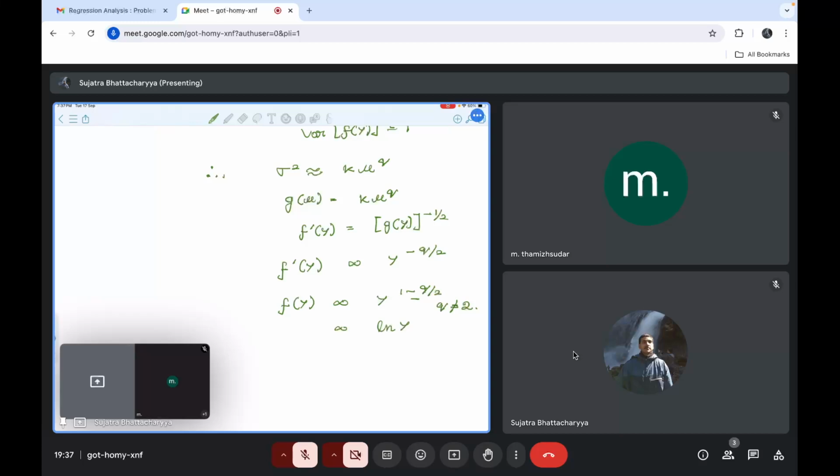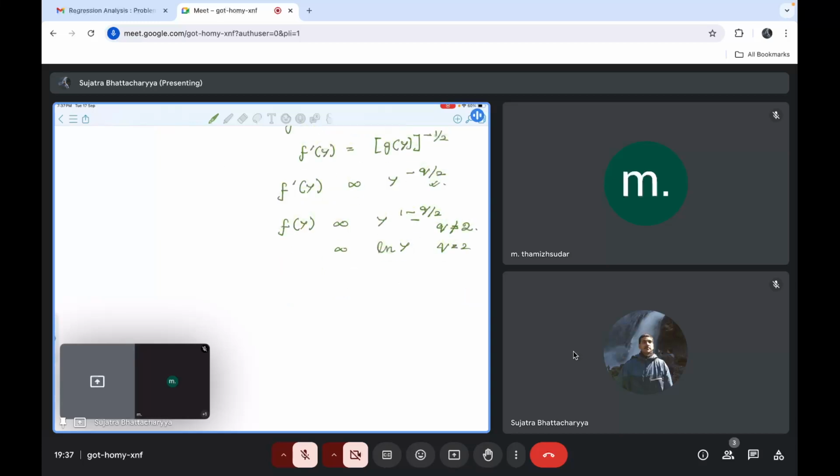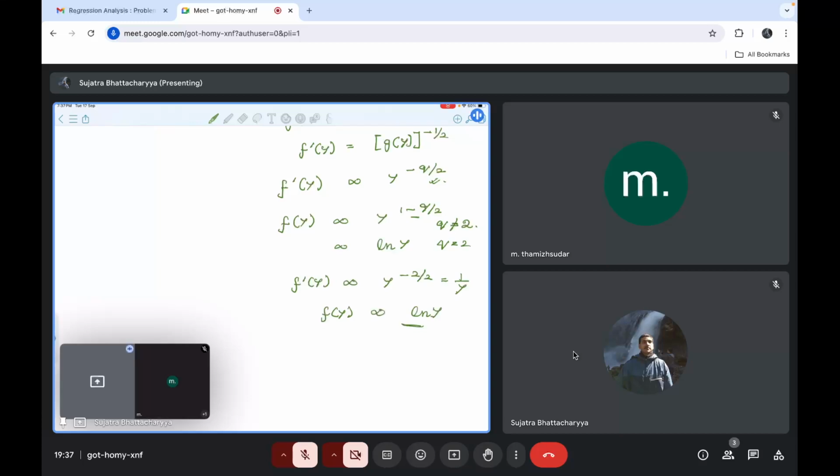Okay. Just put in q is equal to 2. So f dash y, if q is equal to 2, y to the power minus 2 by 2, which is 1 by y. Therefore, f of y will be what? Will be log y. That's all. Integration of 1 by y.